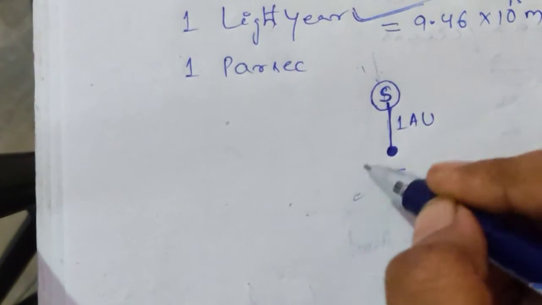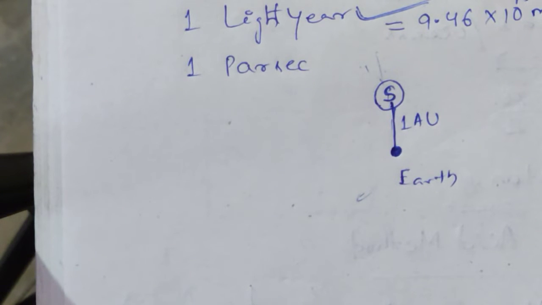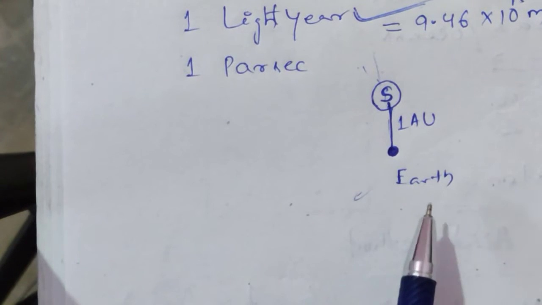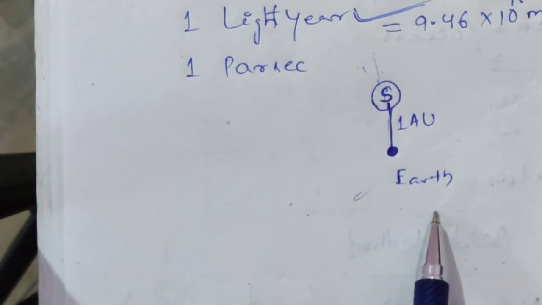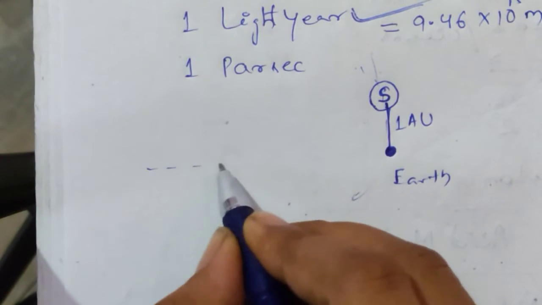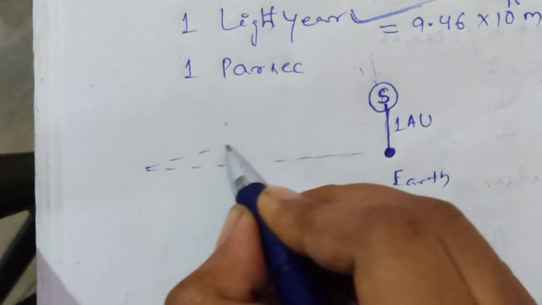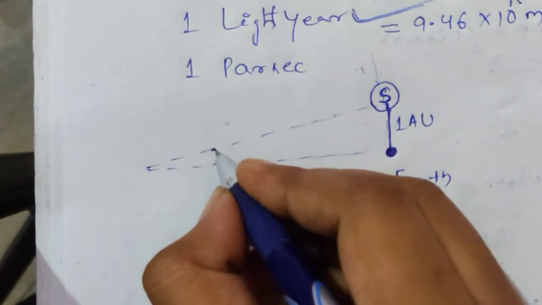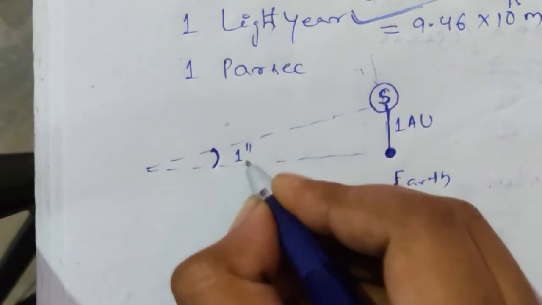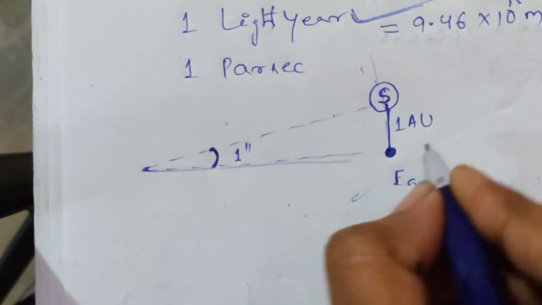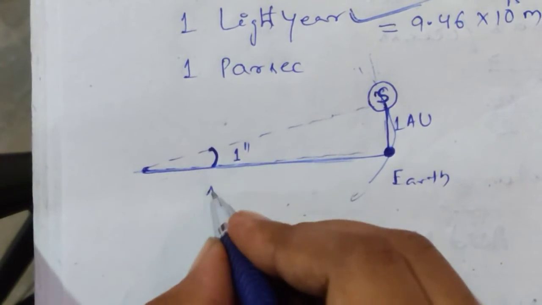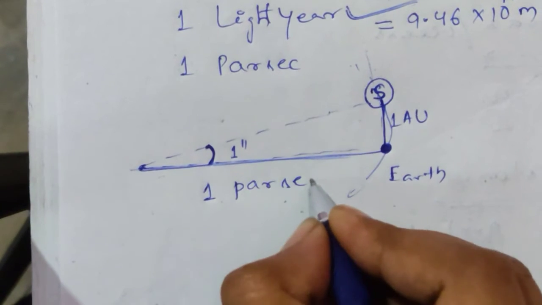Okay, and the definition of parsec is saying that the distance at which an arc of length 1 astronomical unit subtends an angle of 1 second. Now if the angle subtended by this arc length is 1 second, this distance will be known as 1 parsec.